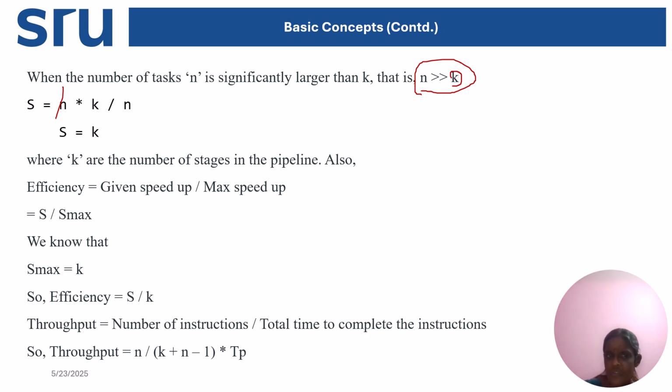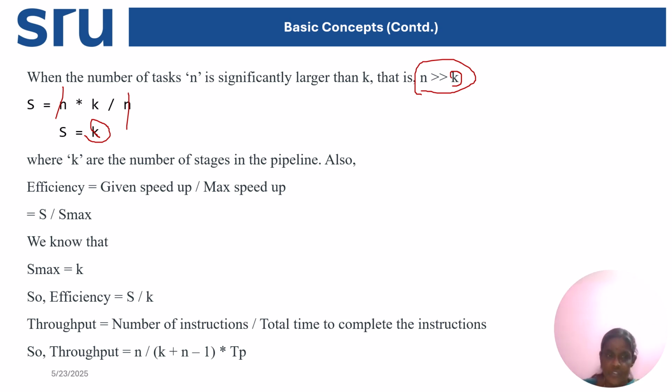So this n cancels. S is equal to k, where k is the number of stages in the pipeline. If it is 4, then the speed up factor is equal to 4. That is the meaning. S is equal to K. The speed up factor is equal to the number of segments in the instruction.